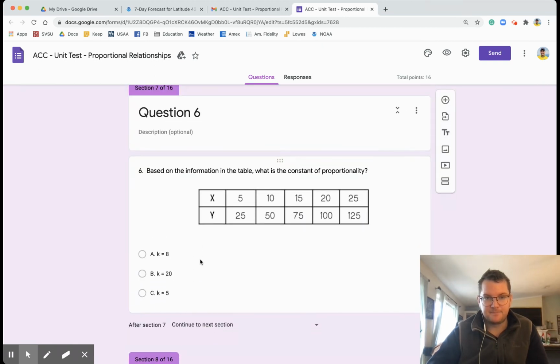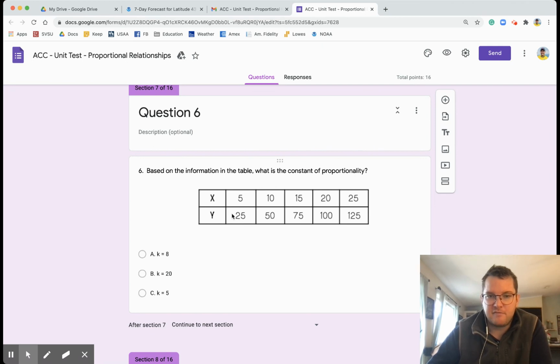Number 6. This one you're going to have to do, but I will read it for you, and I'm giving you the equation. Based on the information in the table, what is the constant of proportionality? So we have Y and X. Same equation we've been using on every problem so far, Y over X. Our Y value is the bottom values here, so you'd have to reverse this out.